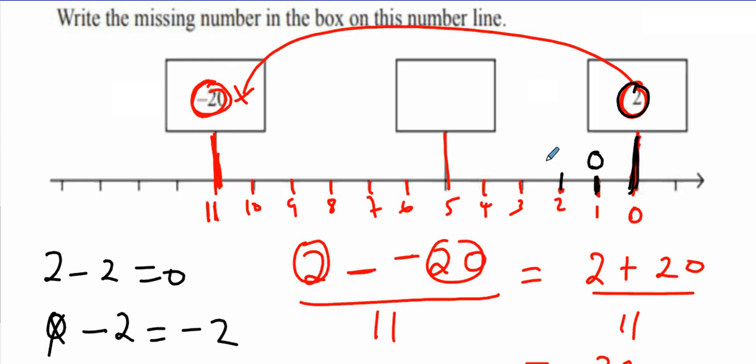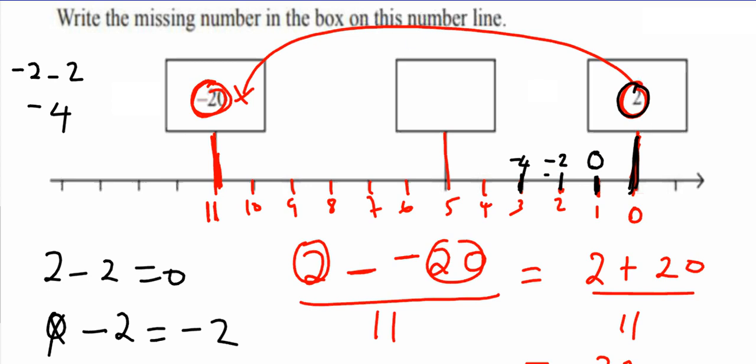This is 0, this is negative 2. Now to get the next number over here, you do negative 2 minus 2, and the answer will be negative 4. This is negative 4. So I hope you know the process now.